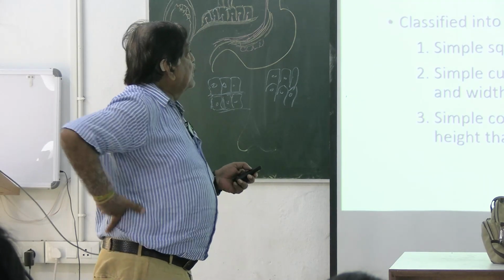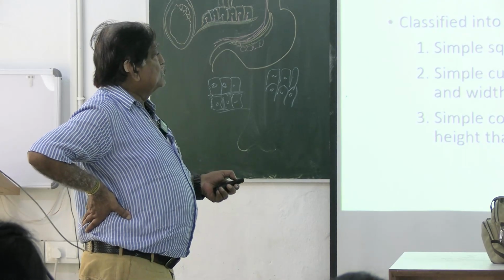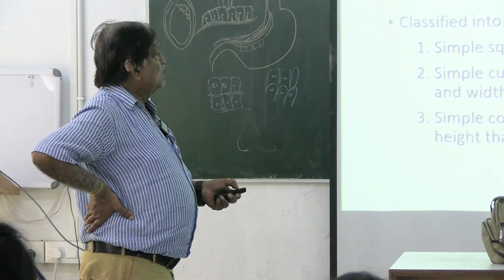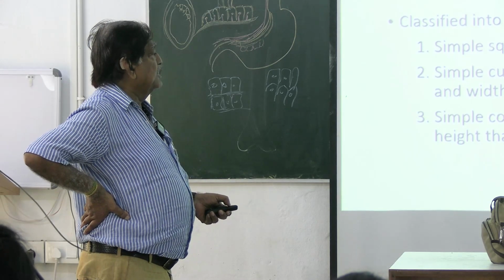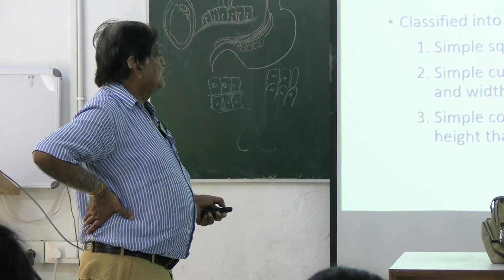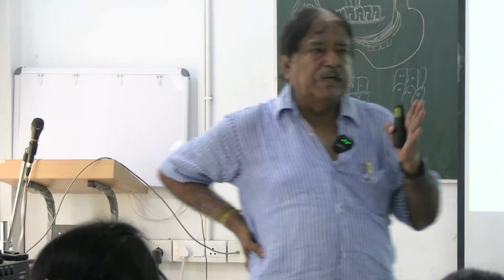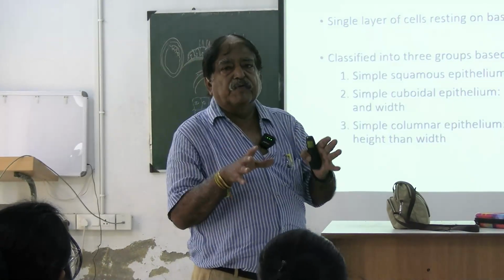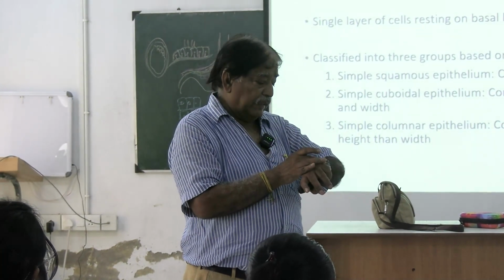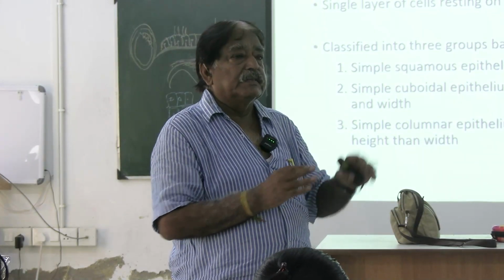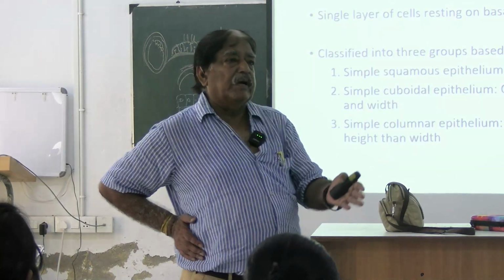Now, simple epithelium, a single layer of cells resting on basal lamina, is classified into 3 groups by shape. Simple squamous epithelium is composed of flat cells, simple cuboidal epithelium, and simple columnar epithelium is composed of cells with more height than width. Now, please, 10 of you or 5 of you, whatever it is, come, see the slide, come back, and then at 11:58 to 12, say half an hour or 15 to 20 minutes you'll be there, then you pack up and move.